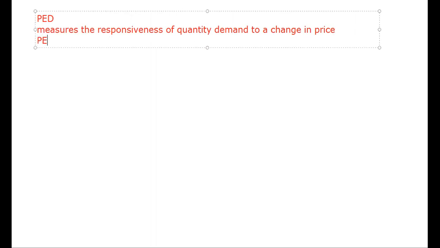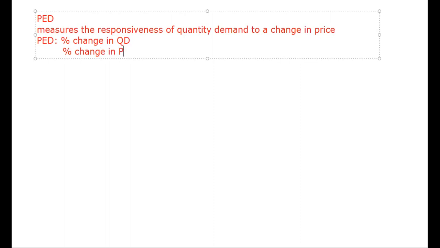PED is equal to the percentage change in quantity demanded divided by the percentage change in price.